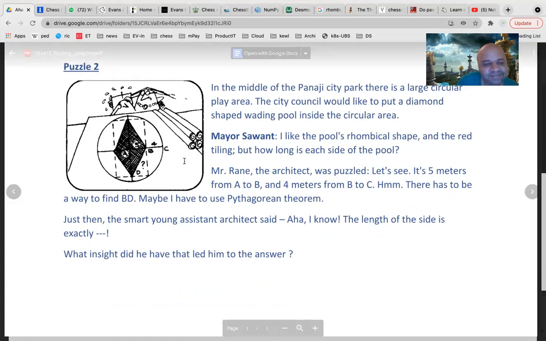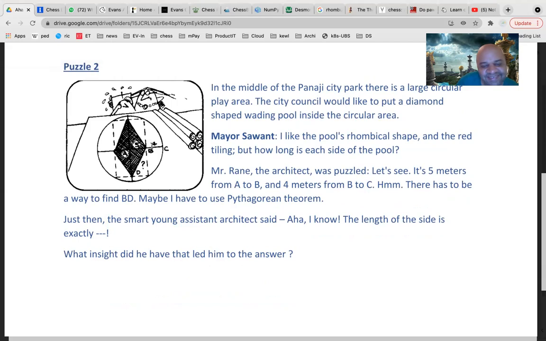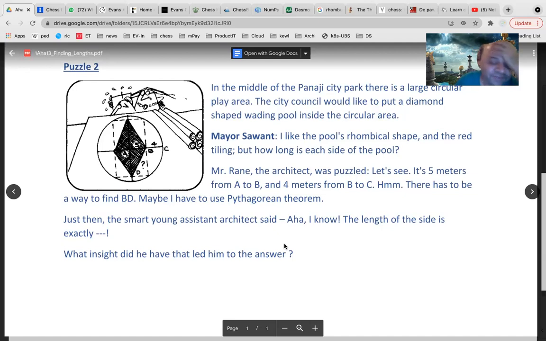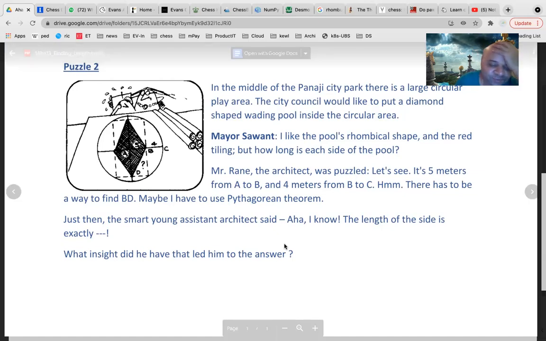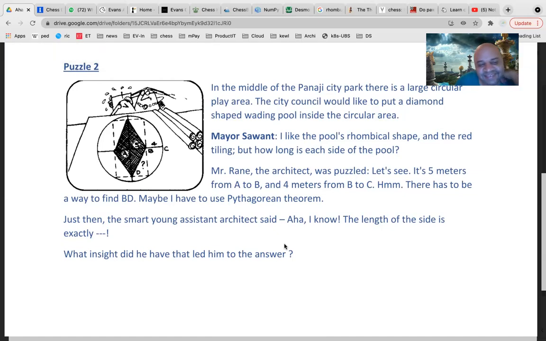Sir, I'm not sure about it, and I've observed it didn't touch. I got 10.29. This is root 106 is what I got. Okay, see, this is a puzzle.